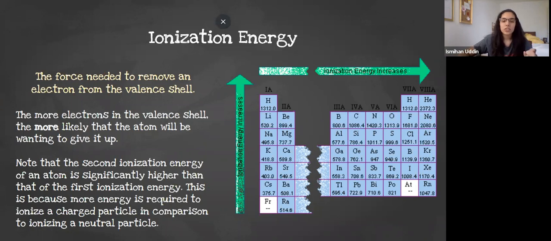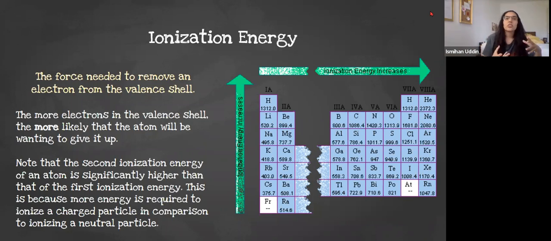Also with second ionization energy, that is the force it takes to take away a second electron. And that's always stronger than the first ionization energy because when you have the first ionization energy, you're going from a neutral particle to a charged particle once you remove an electron. So you're going to have a cation.